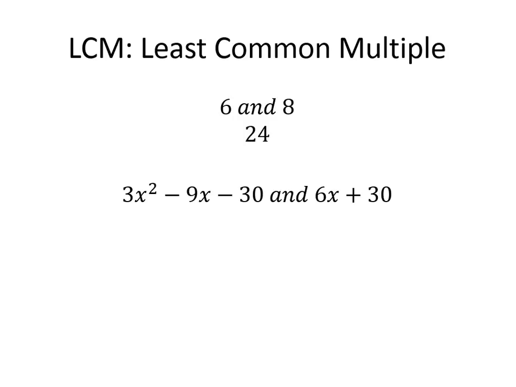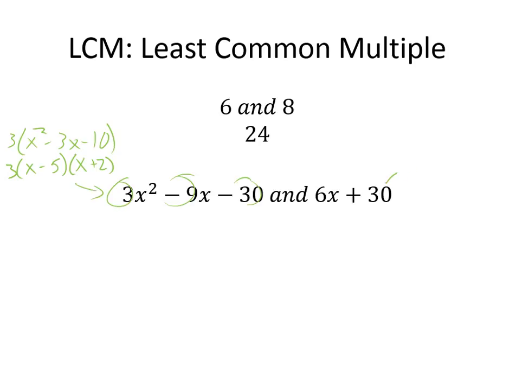For the first one, what can we take out of every single term? We can take a 3 out, and we're left with x squared minus 3x minus 10. This can be factored down into 3 times x minus 5 times x plus 2. Those are the factors of this.